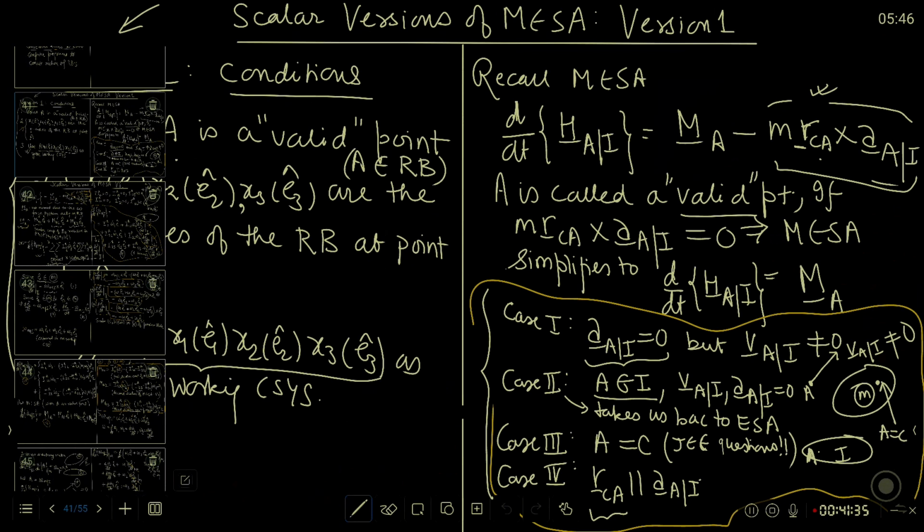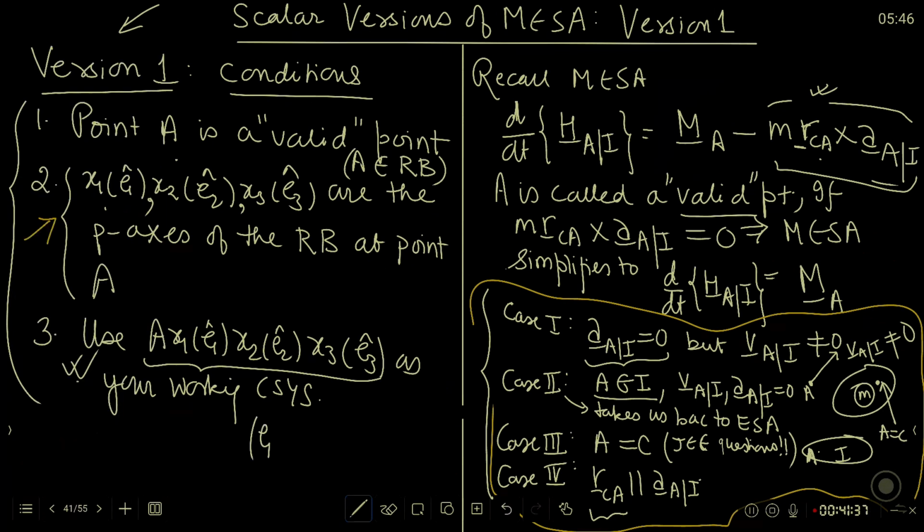Just writing it here to remind ourselves of this commitment I had made earlier, that our working coordinate system will be fixed to the RB, which means A is fixed to the RB and the 3 unit vectors are also fixed to the RB.